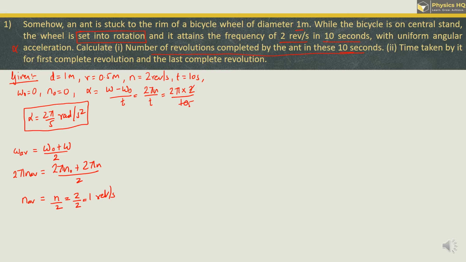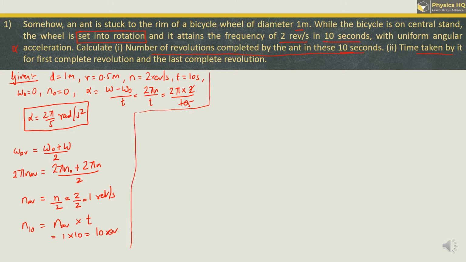If the wheel is performing 1 revolution per second on average, then for 10 seconds the number of revolutions performed is the average revolutions per second multiplied by time, so 1 multiplied by 10, which gives 10 revolutions. In 10 seconds the wheel has completed 10 revolutions.